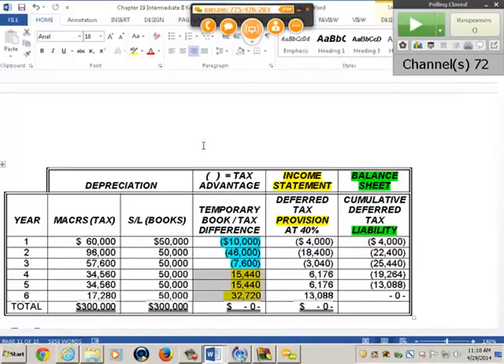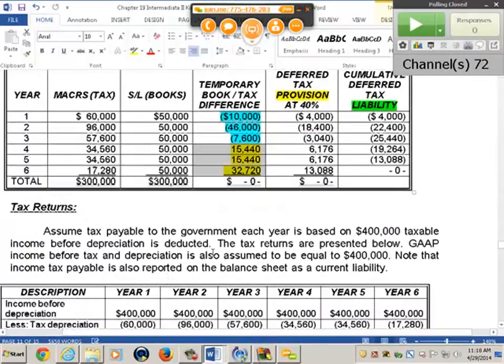Now, to give this more substance, we're now going to assume that income before depreciation and taxes is always going to be 400,000.